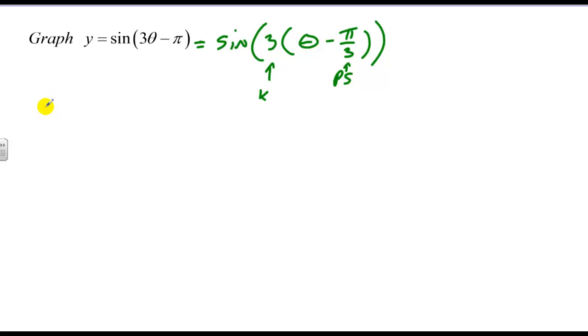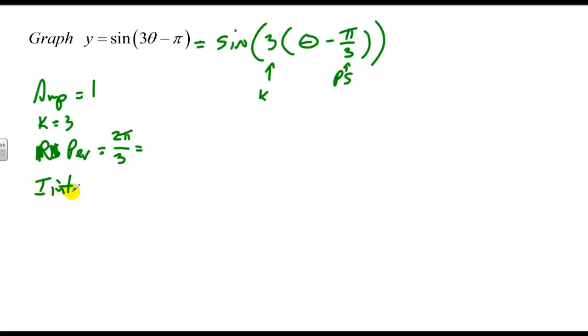Let's go ahead and identify everything. My amplitude is 1. Since k is equal to 3, the period is equal to 2 pi over k. And my intervals, dividing that by 4, I get pi over 6 as my intervals.